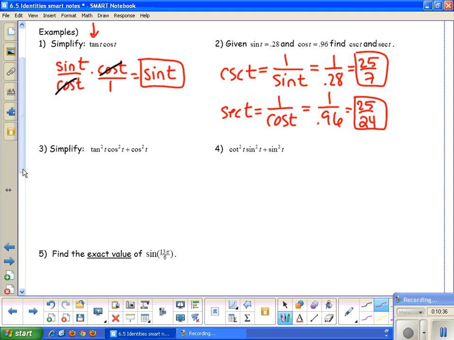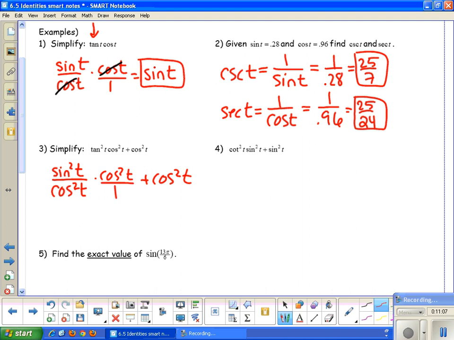For number 3, we are simplifying this. We have tangent squared times cosine squared t plus cosine squared t. Now that means I want to try to get this into one term if I possibly can. Well, tangent I know is sine over cosine, so I'm going to start with that. So sine squared t, and we have to use squared because this is squared here, over cosine squared t times cosine squared t plus cosine squared t.